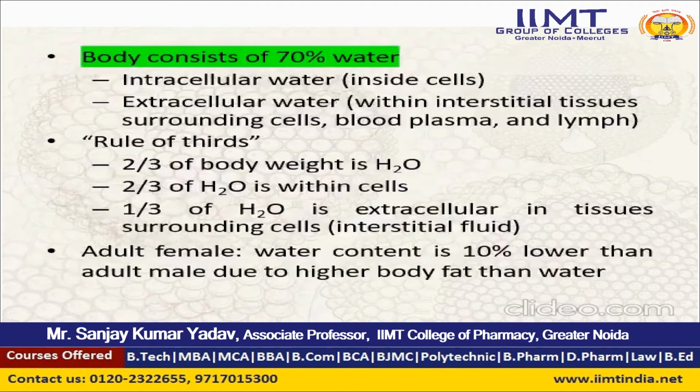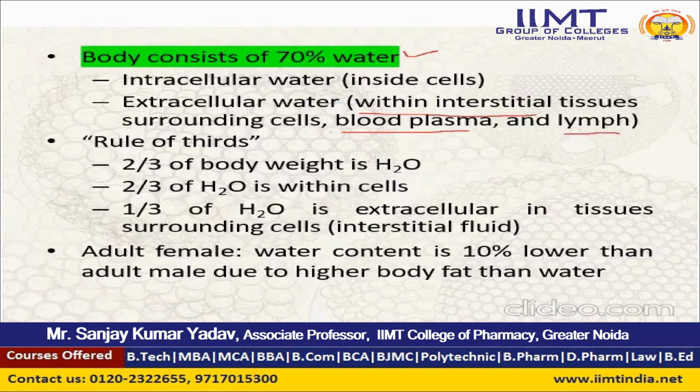We are talking about water, which is 70% of our body fluid, as already mentioned. There is intracellular water, that is inside the cell, and extracellular water, that is within the interstitial fluid. Interstitial fluid is the surroundings of cells, like blood plasma as well as lymph, which is extracellular water.